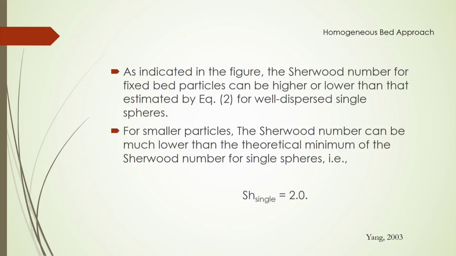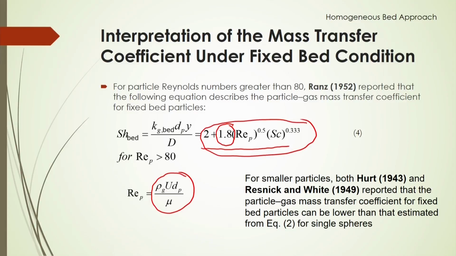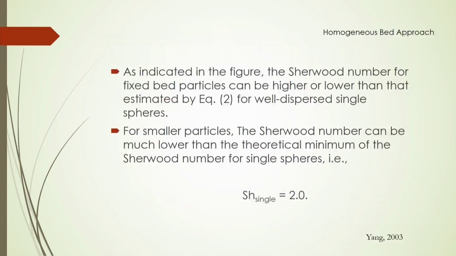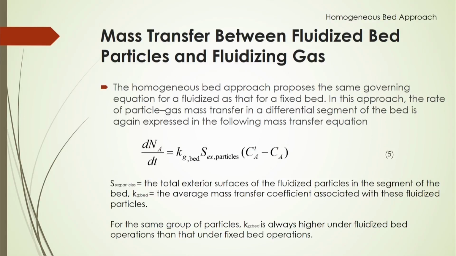So, you will see that the Sherwood number for fixed bed particles can be higher or lower, depending on several operating conditions, and the minimum theoretical value of the Sherwood number is equal to 2.0. Now, what will be the mass transfer in the case of fluidized bed particles and the fluidizing gas?